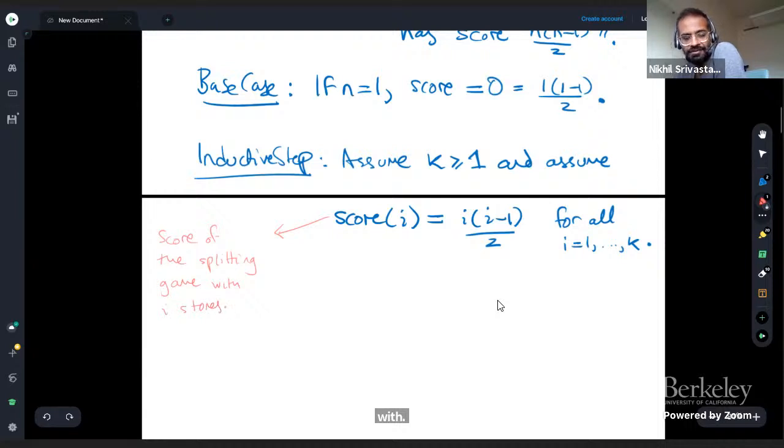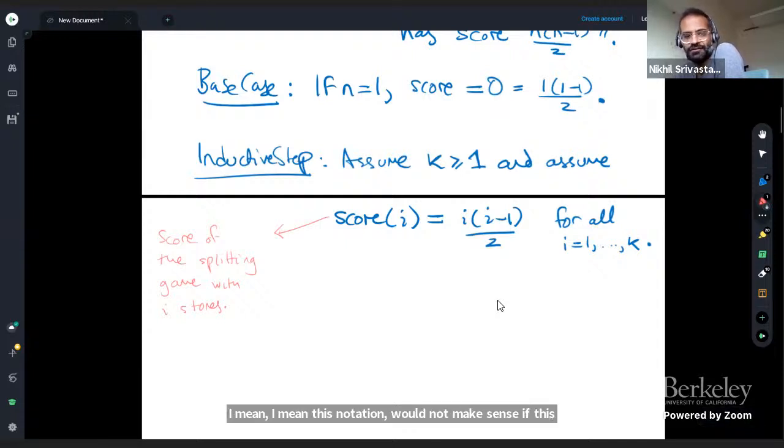And this makes sense because this notation would not make sense if the score depended on the strategy, right? So I'm only going to use score sub i when I know that all games with i stones have the same score, and I do know that now because of the inductive hypothesis.